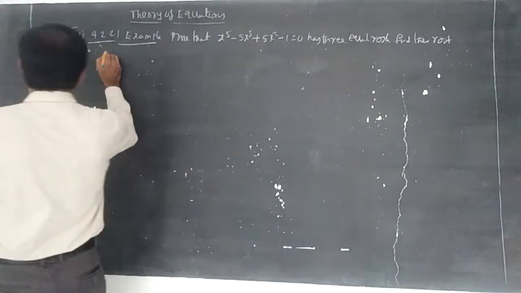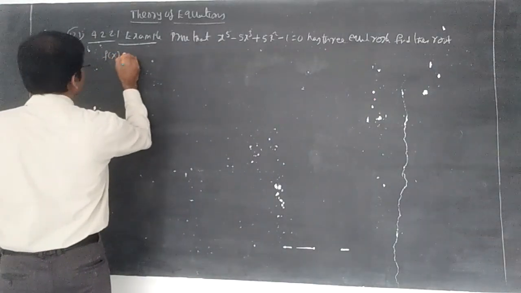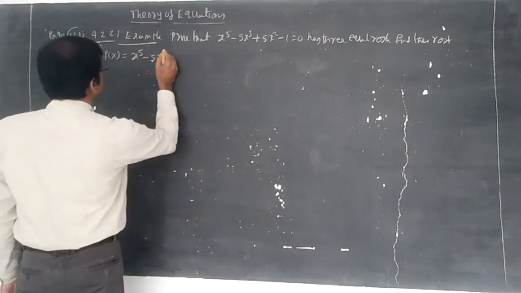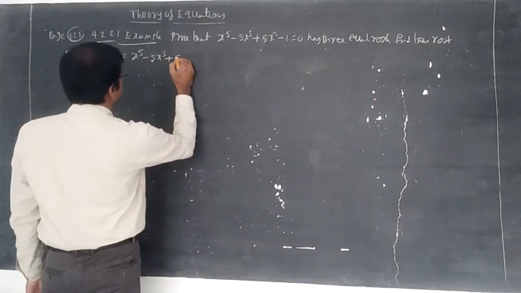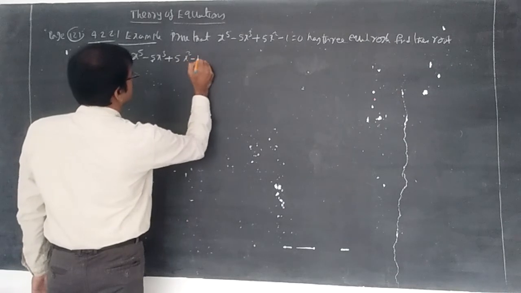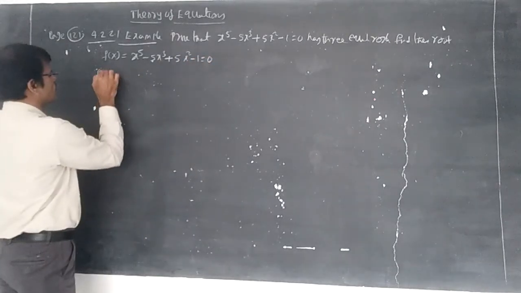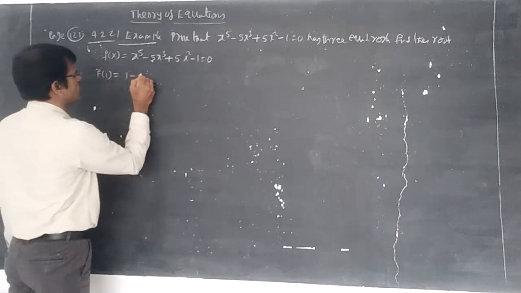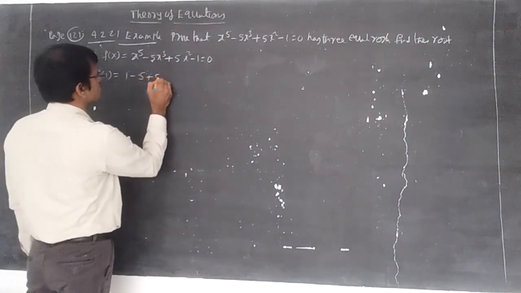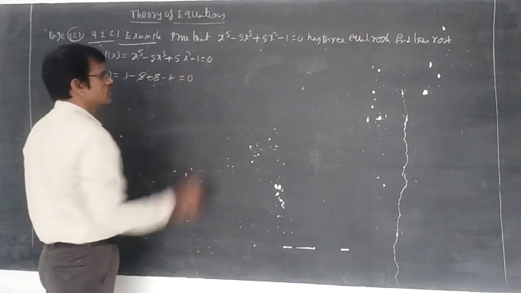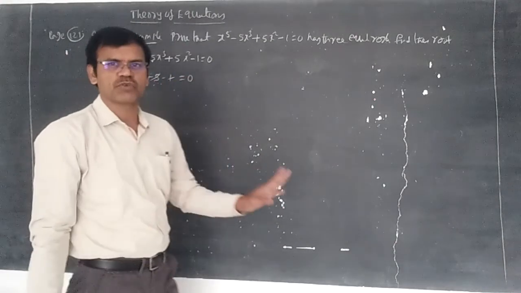Now let us consider f of x equal to x power 5 minus 5x cube plus 5x square minus 1 equal to 0. Now we can write f of 1: substitute, 1 minus 5 plus 5 minus 1. So it is satisfying; here 1 is a root. One time we got.